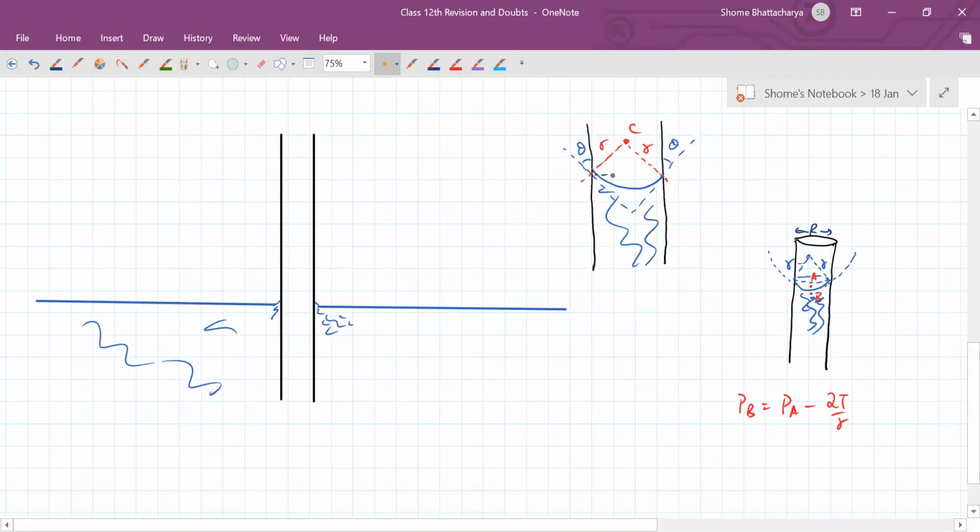So that angle is theta. This distance is capital R. So you have R by small r is equal to cos theta. So this pressure difference is P at A minus 2T cos theta divided by capital R. So what happens is that the capillary rises inside the liquid.